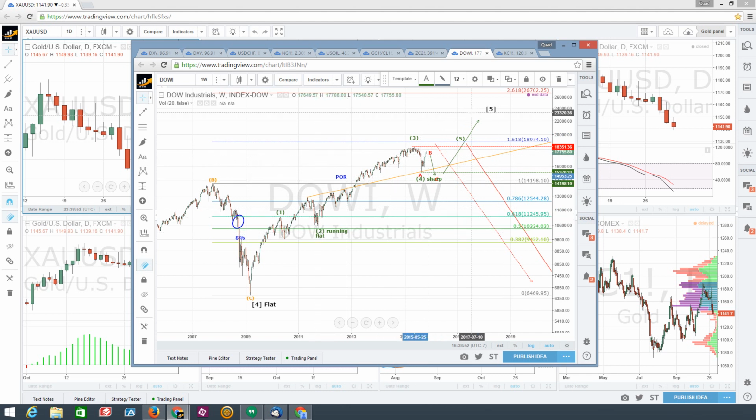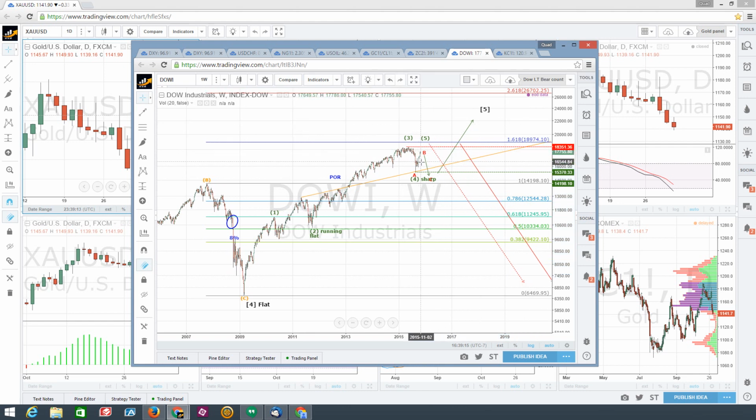And we're looking at wave 5 completing right here and now, much sooner, maybe even as early as January, and then we could start our major sell-off from that point. So a couple different avenues that I see there. It all really depends on how the market handles this last swing high at 18,351. All right, carrying on.